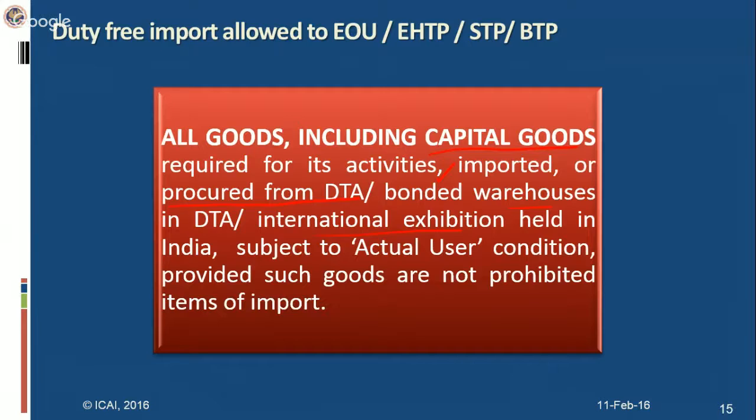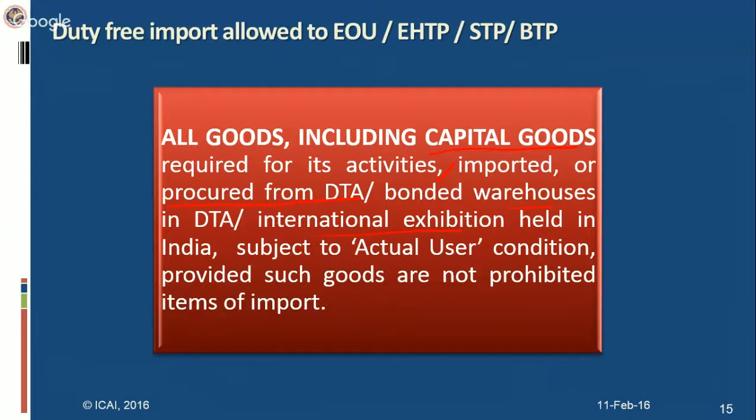The main point here is that these imports include capital goods also, and these imports shall be subject to actual user condition. You know that the goods should be used by the person who has actually imported them. So actual user condition is applicable in case of goods imported by EOU. It cannot transfer those goods; transfer is not allowed in this case.